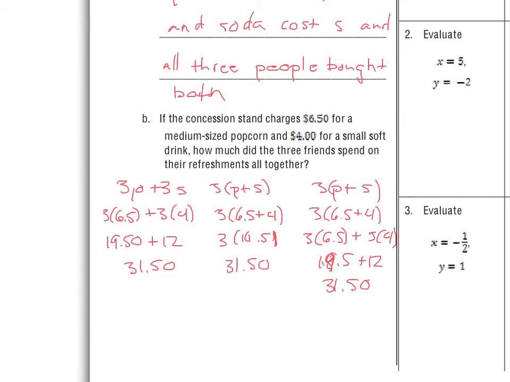This person went with the non-distributed. They added what was inside the parentheses, got 10.5, multiplied by the 3, got 31.5. The last person went with the non-distributed, but they plugged the values in, then they distributed, did each multiplication, and then moved on. So all answers are okay. It's all just a matter of which way you want to move forward, which is the best for you.